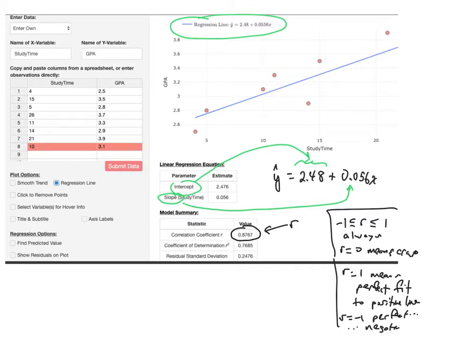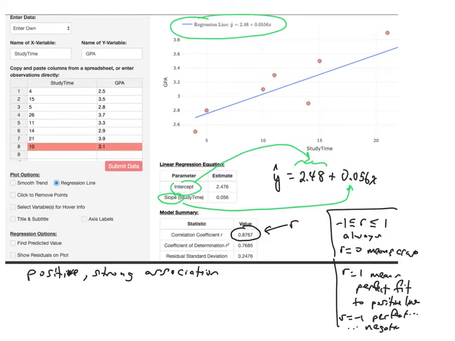So we can tell from the fact that the R here is positive that the line should be going up from left to right, and we can see that it is. So that's a positive association. And that's what we said before, we could see it. And that R is fairly close to 1. It's certainly closer to 1 than it is to like a half. So I would say this is a strong positive association based on the R value.